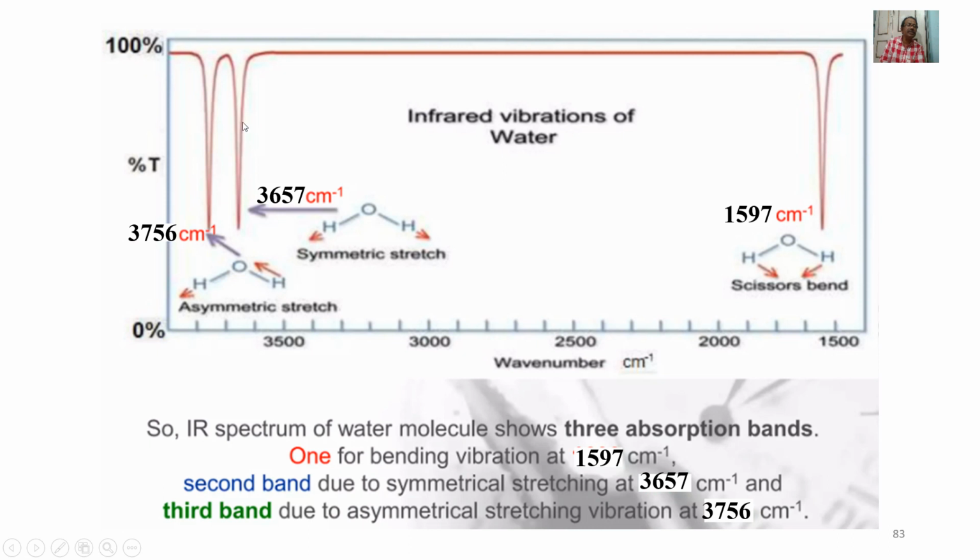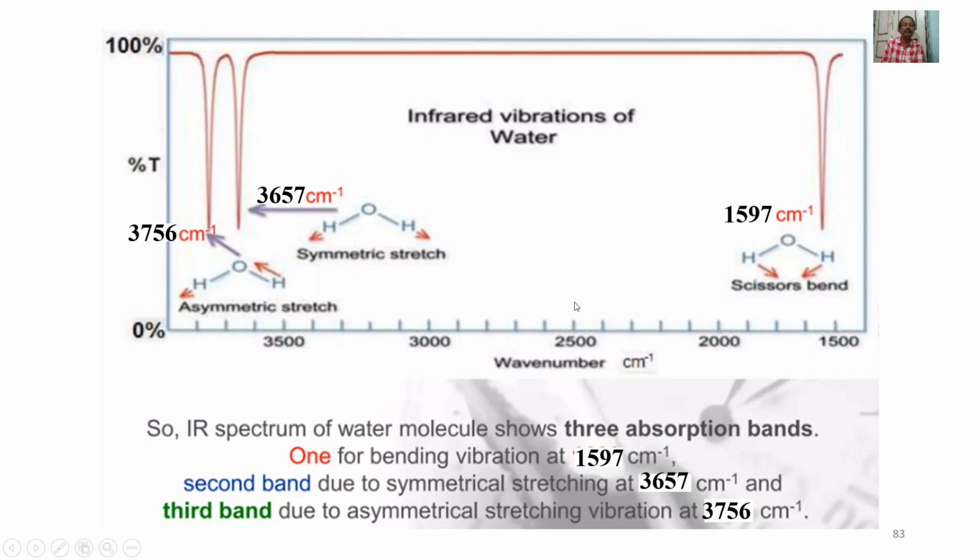The lowest is the bending vibration, the scissoring bending, at 1597 per centimeter. The y-axis is transmission, and the x-axis is wave number.